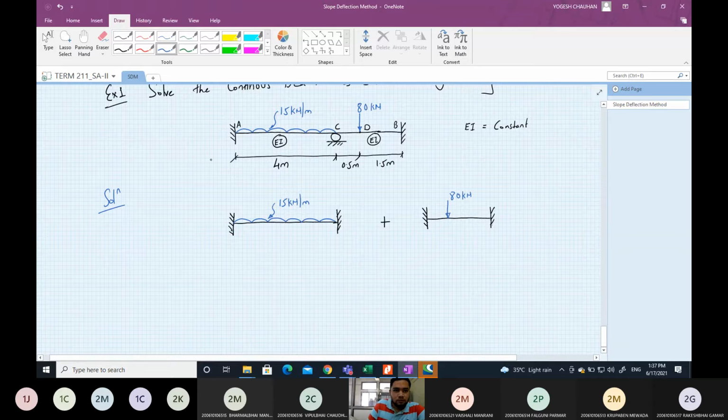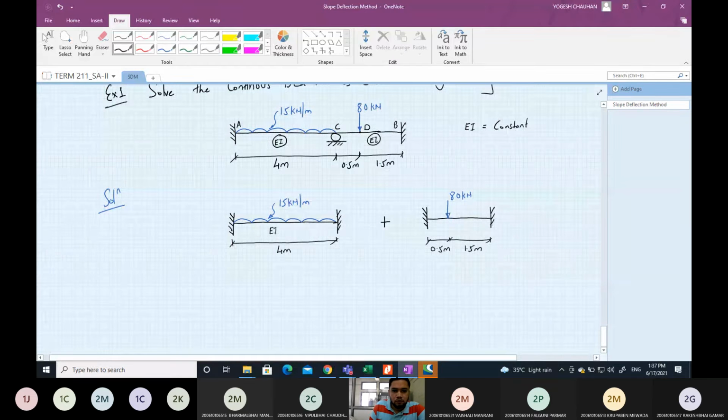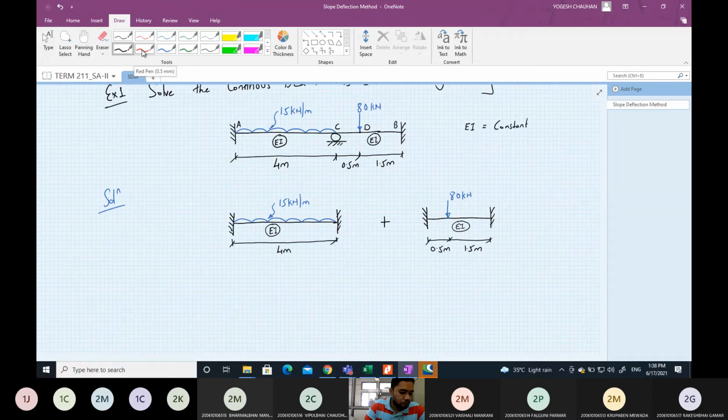80 kilonewton. This is 4 meter. This is 0.5 and 1.5. This EI is constant. Now you have two different fixed beams. You can now find their fixed moments.